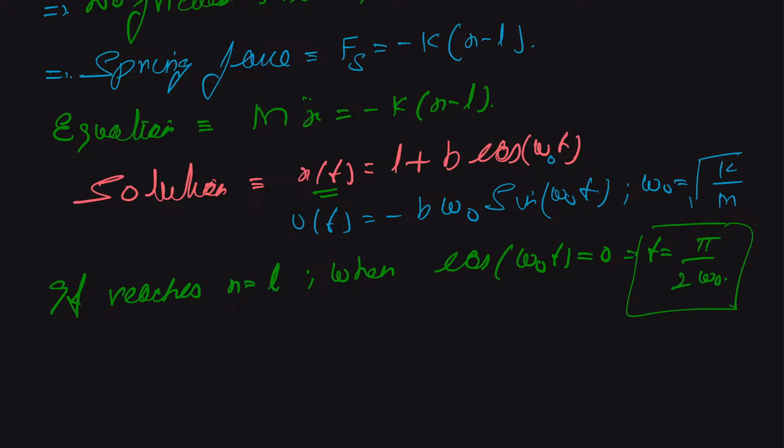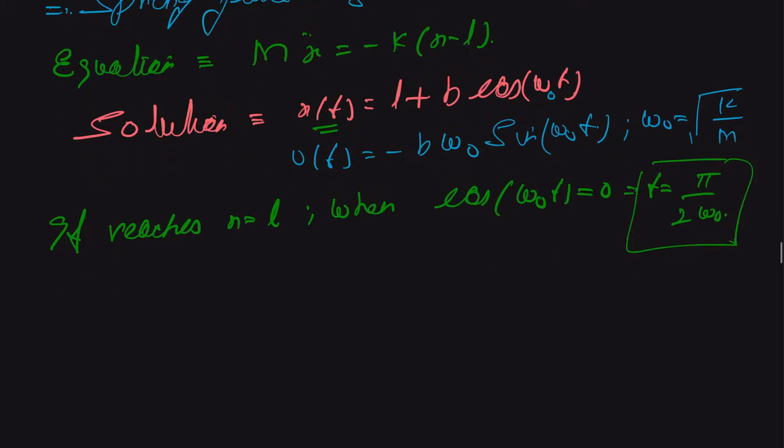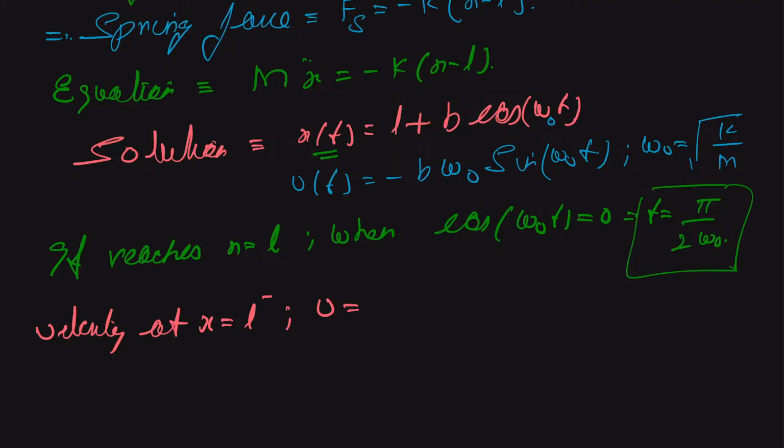And just towards the negative side, our velocity at x is equal to just L negative, we can say V will be equal to, we substitute the value of T which we just calculated, pi by 2, and sine pi by 2 will be equal to 1.